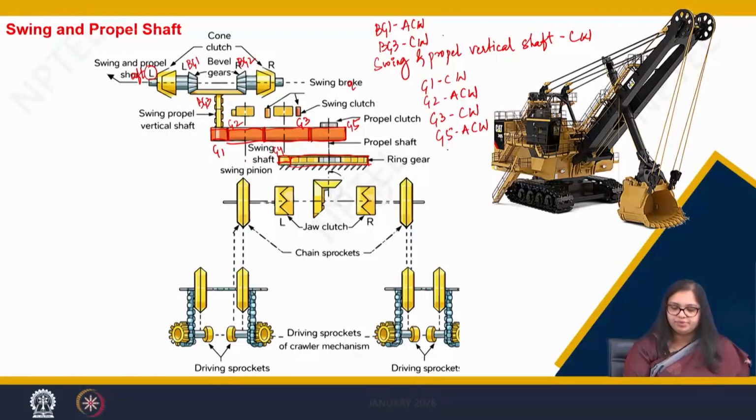So, now when my propel clutch is engaged, the propel shaft will rotate in anti-clockwise direction. So, here I have BG4 and BG5.